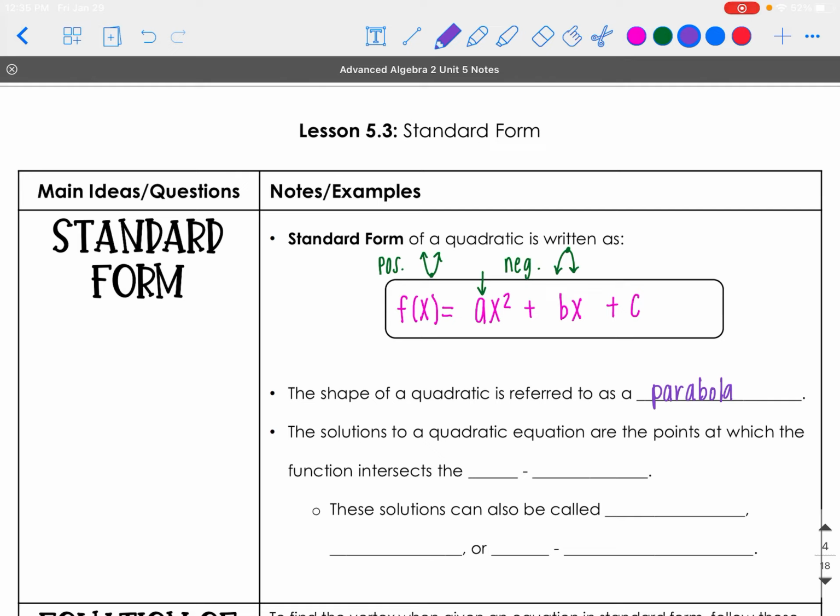The solutions, when I'm asking for a solution, that is the points where the function crosses the x-axis. So sometimes we will use solutions. We may also call those roots, zeros, or x-intercepts.